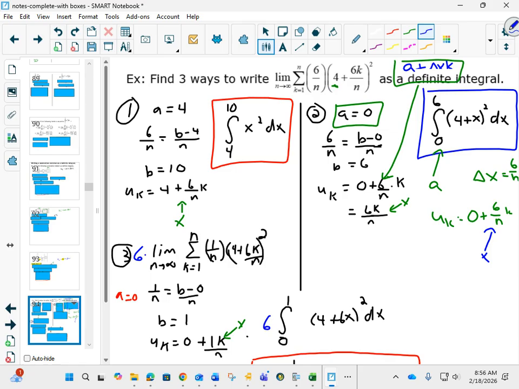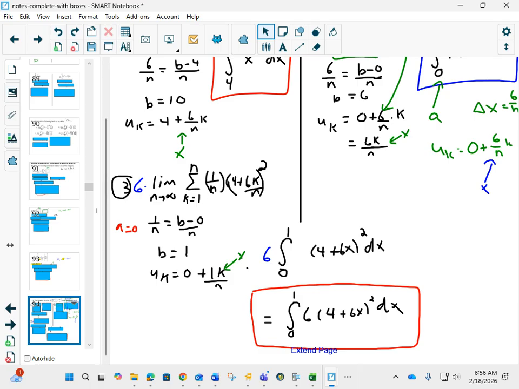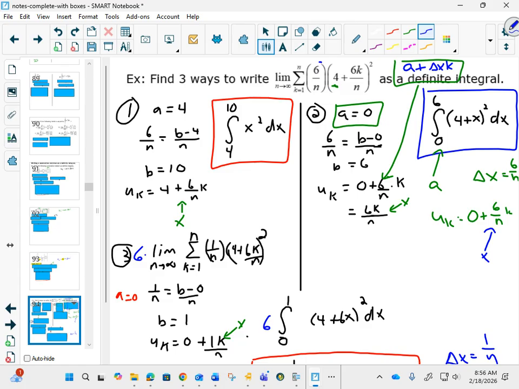So, same thing with this last one. Okay? This last one tells me my change in x has to be 1 over n. In order to get that 1 over n in my original equation, I have to bring that 6 out.